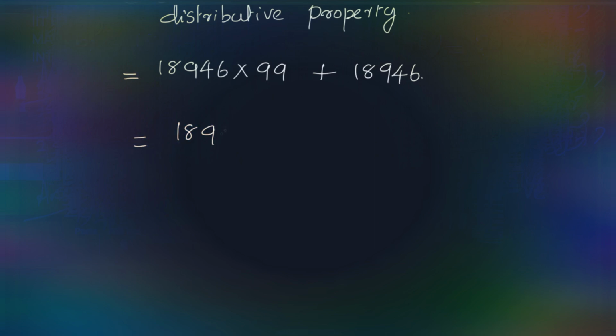Taking this common factor outside, under the bracket, from the first term we take 99, plus from the second term the number itself, which means it is multiplied with 1.